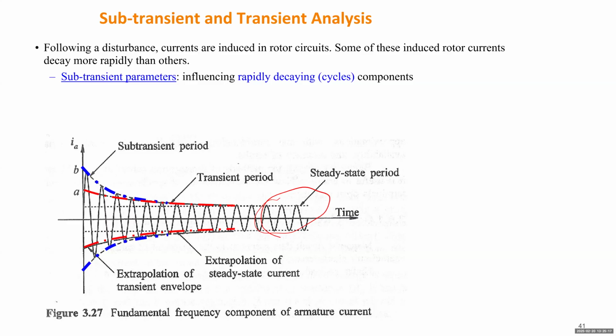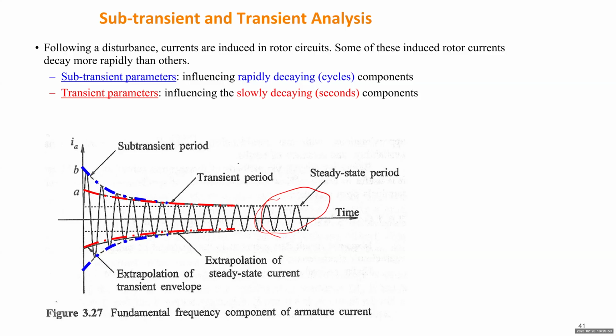So after the sub-transient dynamic decays, after 0.1 second, we notice the waveform has still not reached the equilibrium or the steady state yet. So it still takes a longer time to really become an equal magnitude waveform. That time usually takes several seconds to tens of seconds. So that's called the transient period. So you will see slowly decaying waveforms until the steady state waveform.